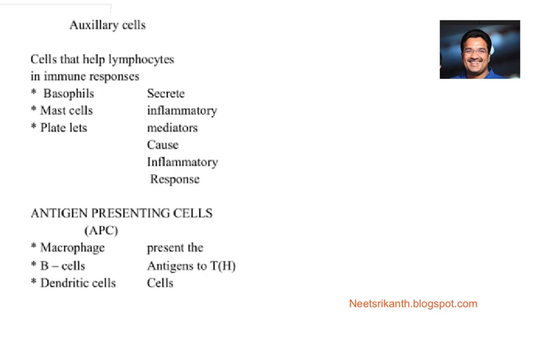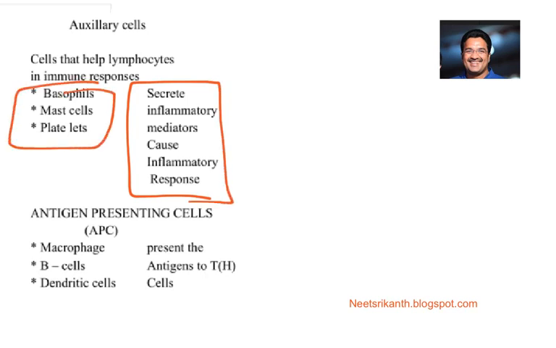These auxiliary cells secrete inflammatory mediators like histamine, heparin, bradykinin, serotonin. Various kinds of inflammatory mediators are released for the inflammatory response, which is very important for our immune system. We call them auxiliary cells.